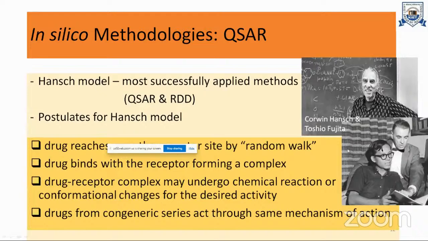Then next, there are new methods that were put forward by Dr. Corwin Hansch and other pioneers, who applied them towards drug discovery, with various models.